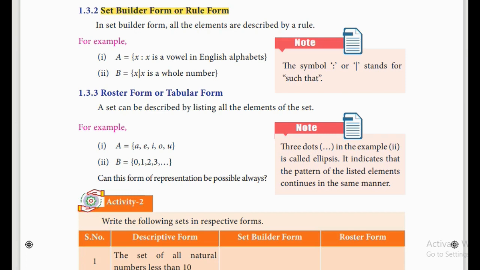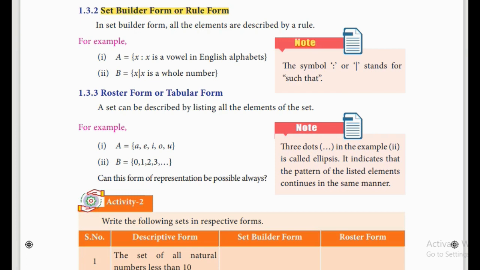In set builder form, all the elements are described by a rule. So we are going to follow rules in this set builder form. Look at that. X equal to set of all x such that x is a vowel in English alphabets. Look at the note.